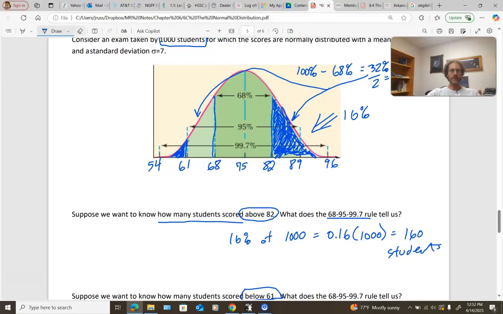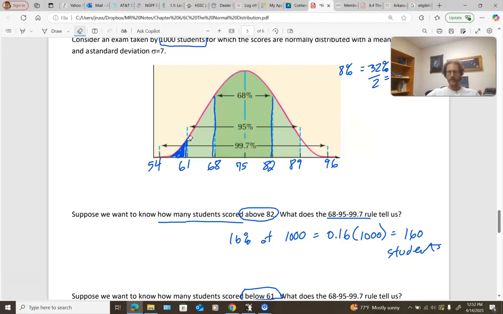Okay? So I'm going to do some erasing here because we're done with the previous one. Okay? Alright, well, this 61 right here corresponds to 2 standard deviations below the mean.